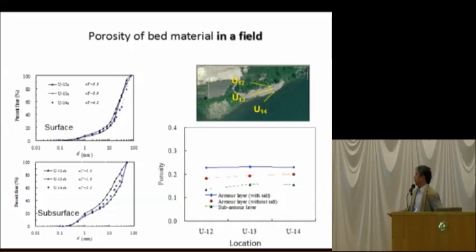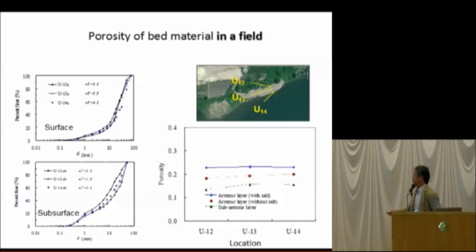So you can see the porosity is very small. Generally, we use a porosity of 0.35 or 0.4, but in this case, the porosity is around 0.15 to 0.25. Also, comparing the blue line and the red line, the blue line is where we use the salt, the improved method, and the red line is the original standard method.